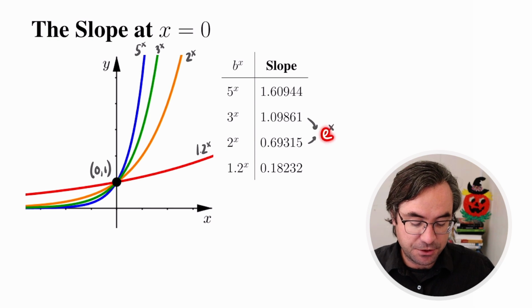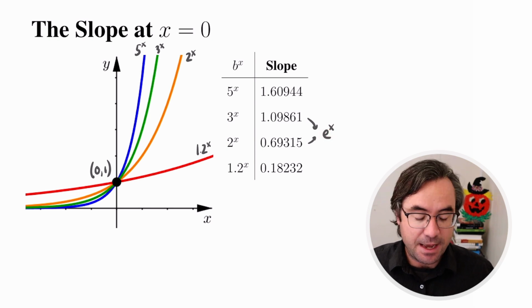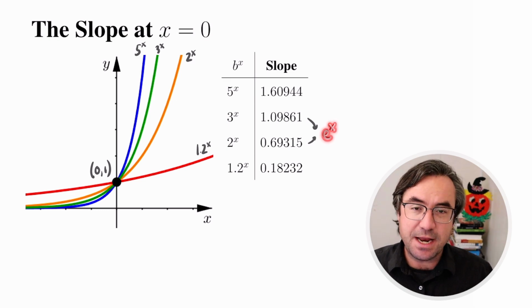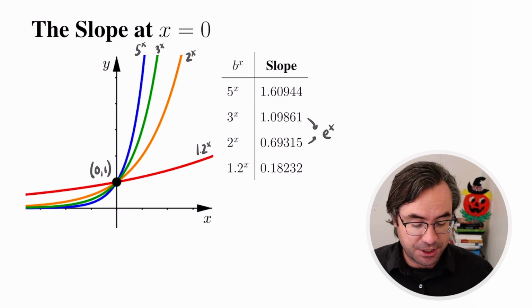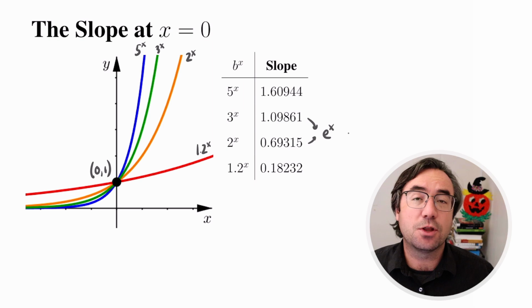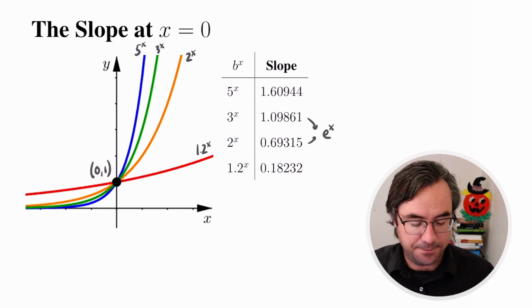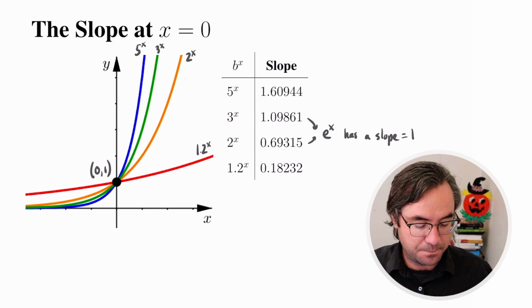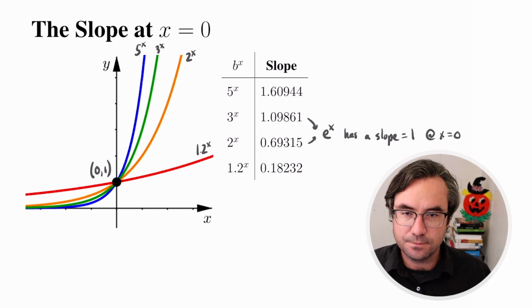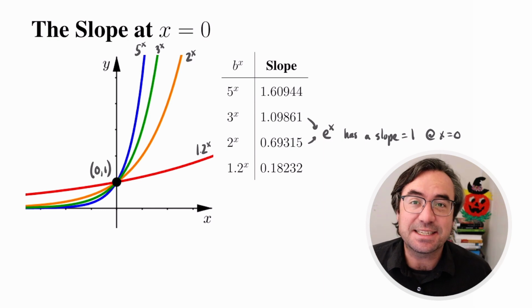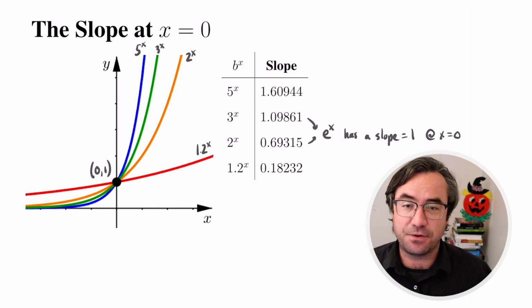So there's this special number which we call e, and that gives us a special exponential function, and a property of this exponential function is that it has a slope of exactly 1 at x equals 0. And so this is e to the x.